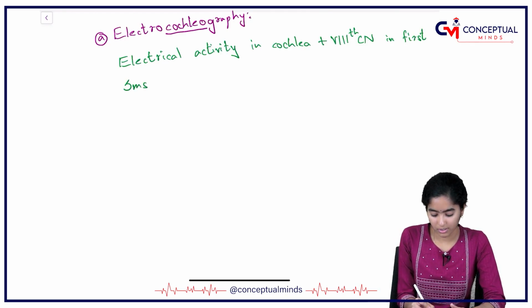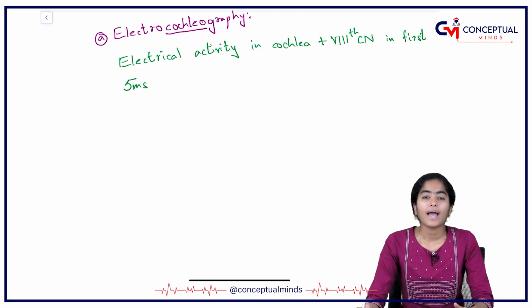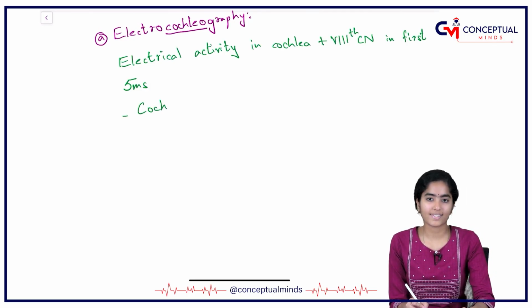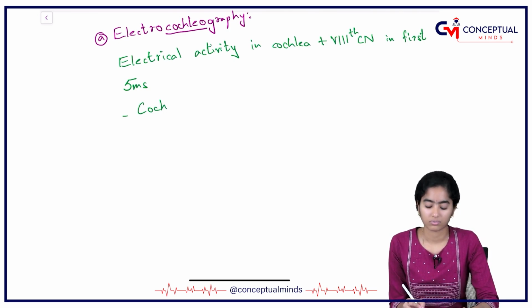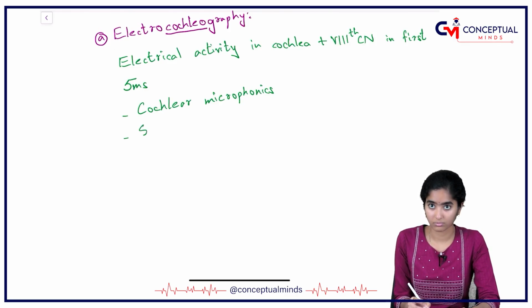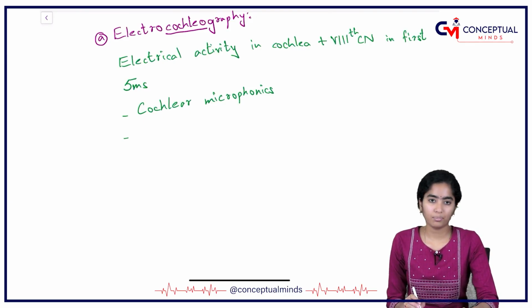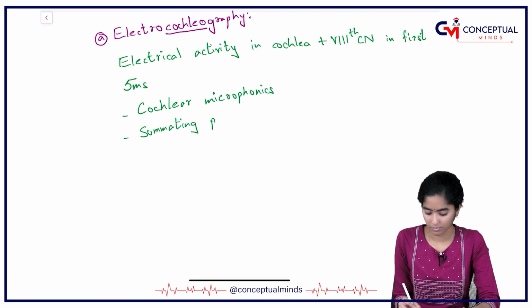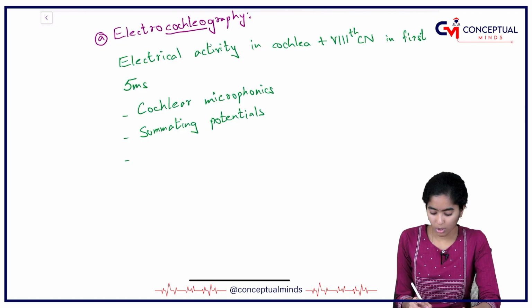The first 5 milliseconds activity is measured in electrocochleography, and the response occurs in the form of cochlear microphonics, summating potentials, and also the action potential of the 8th nerve.